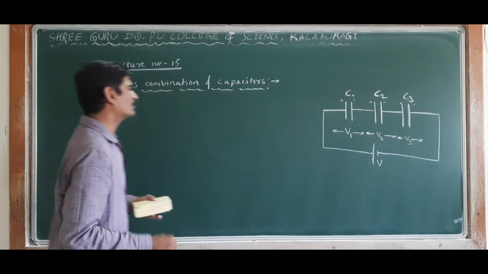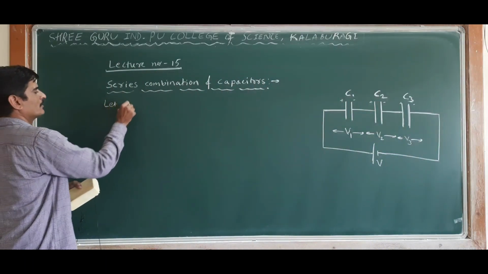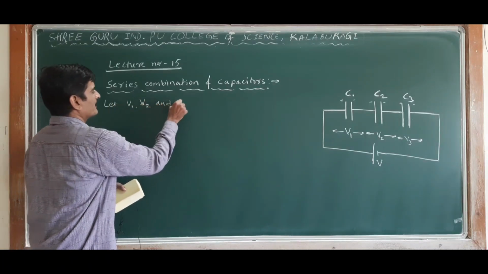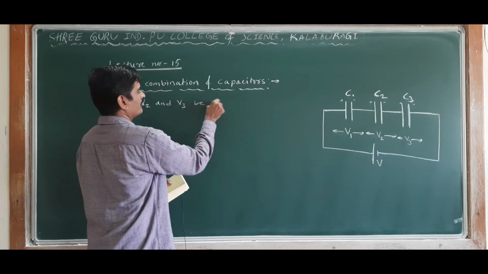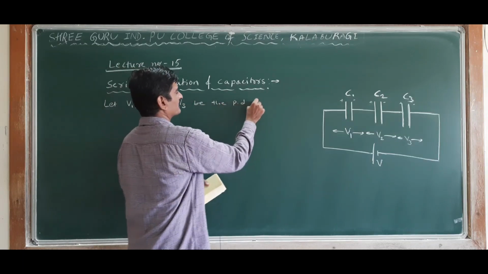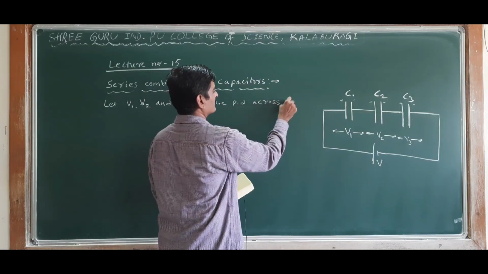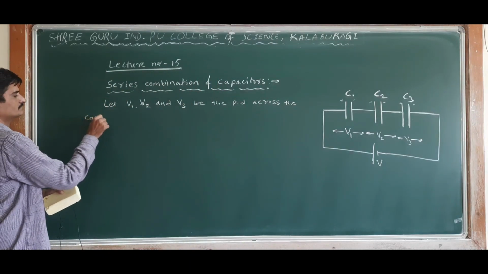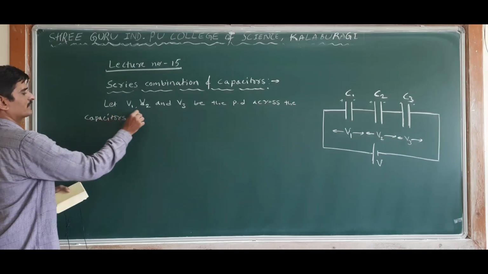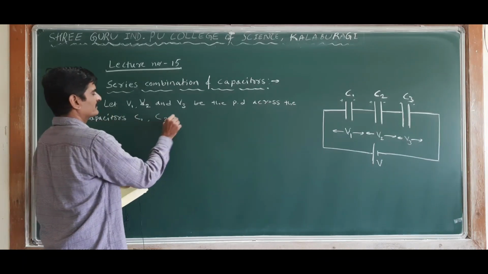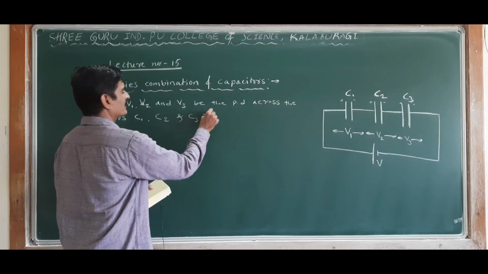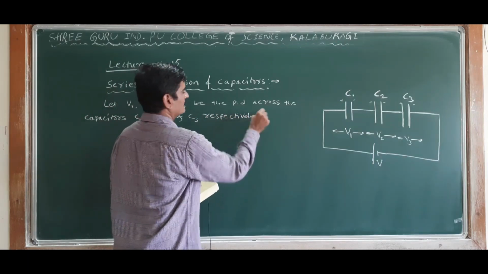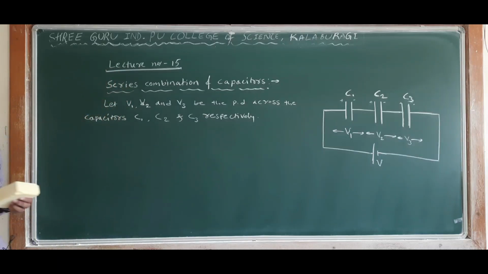Let V1, V2 and V3 be the potential differences across the capacitors C1, C2 and C3 respectively.